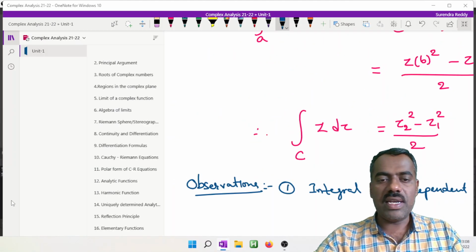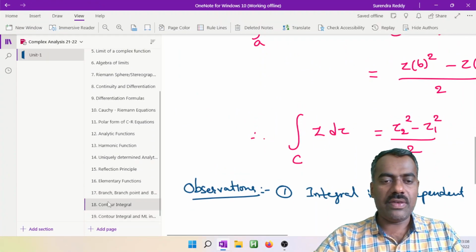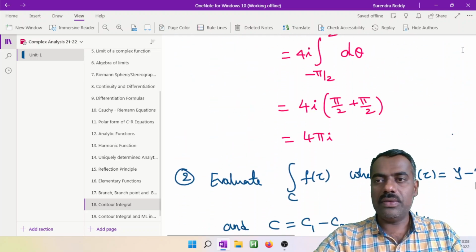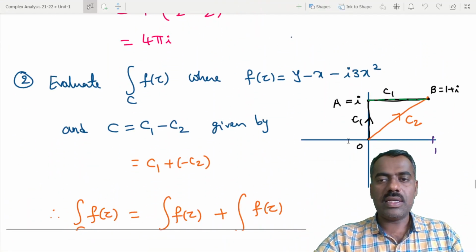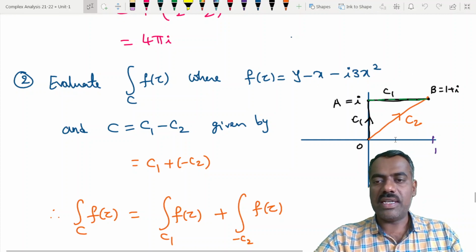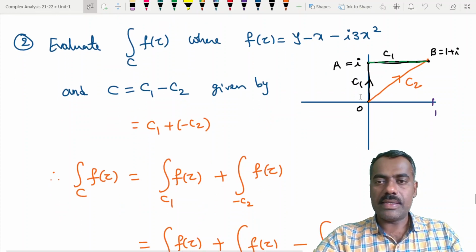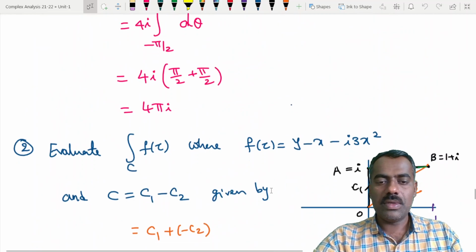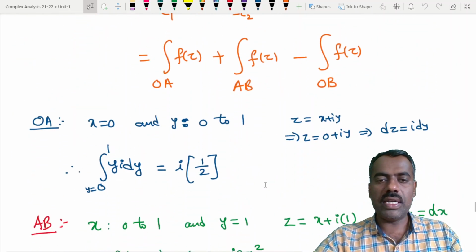Whereas in the last class, in the example we discussed for this contour integral, f(z) was this function, and you have the path O A B O, or you take O A B, which is C1, and the other one C2. We observed that over C1 the integral value is different, and over C2 the integral value is different, because if they were the same we might have got the value 0, but we didn't get 0.